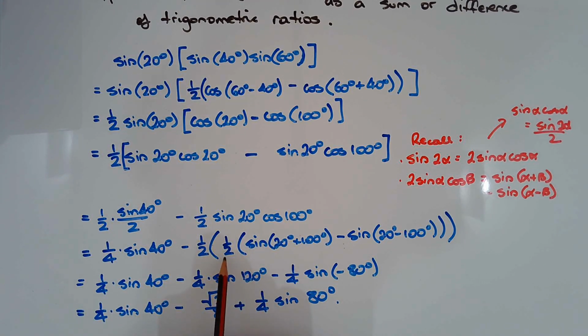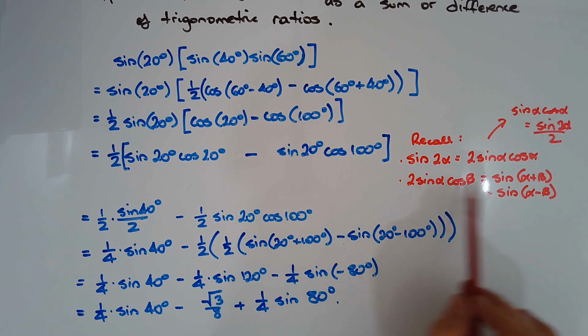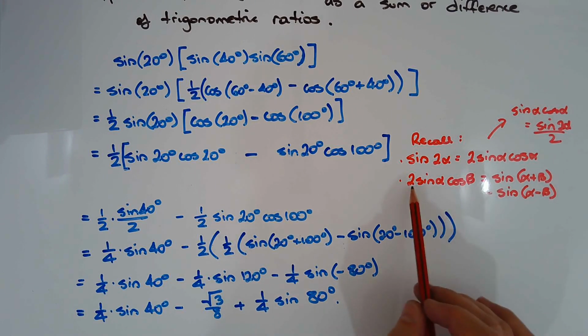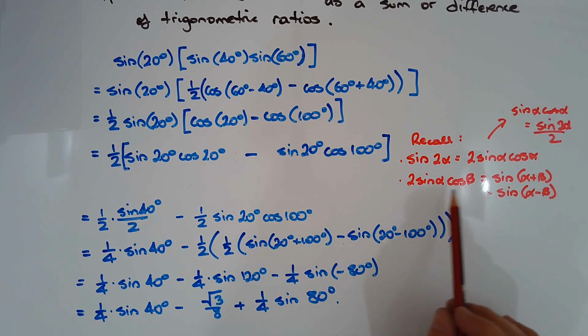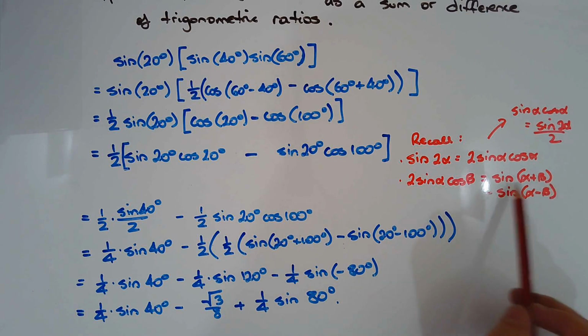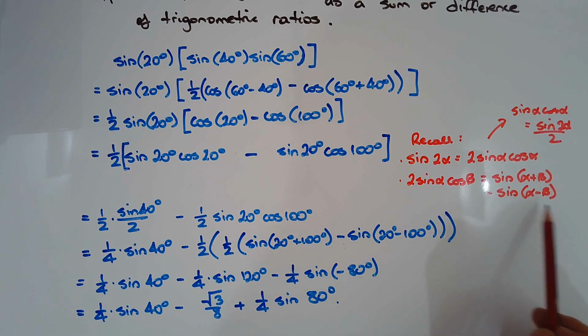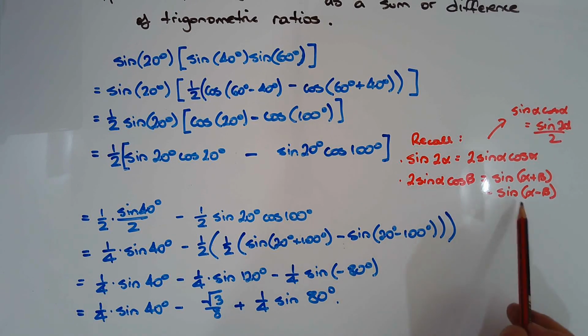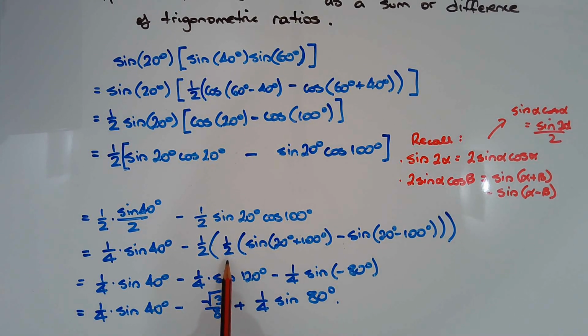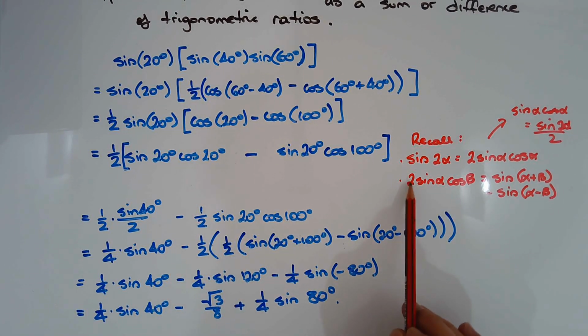So we have half outside of sine of 20 plus 100 minus sine of 20 minus 100. That's using the point that 2 sine alpha cos beta is equal to sine of alpha plus beta minus sine of alpha minus beta. If we divide both sides by 2, that's where that half comes from, so that 2 becomes half on this side, dividing it by 2.